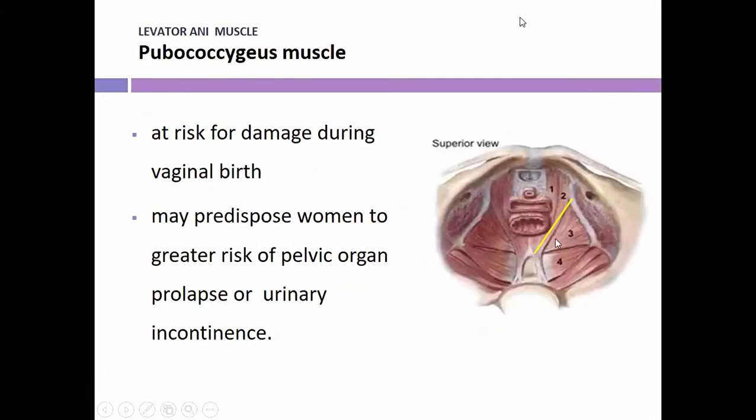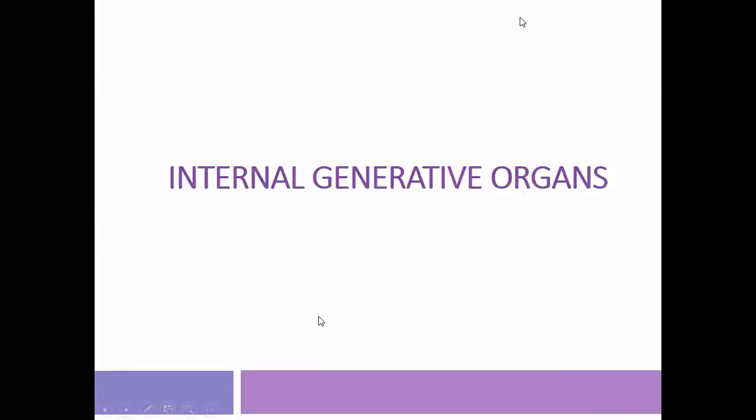Among the levator ani muscles, it is the pubococcygeus muscle which is at risk of being damaged during vaginal delivery. And when this is overstretched, being a skeletal muscle, it will predispose the woman to pelvic organ prolapse.